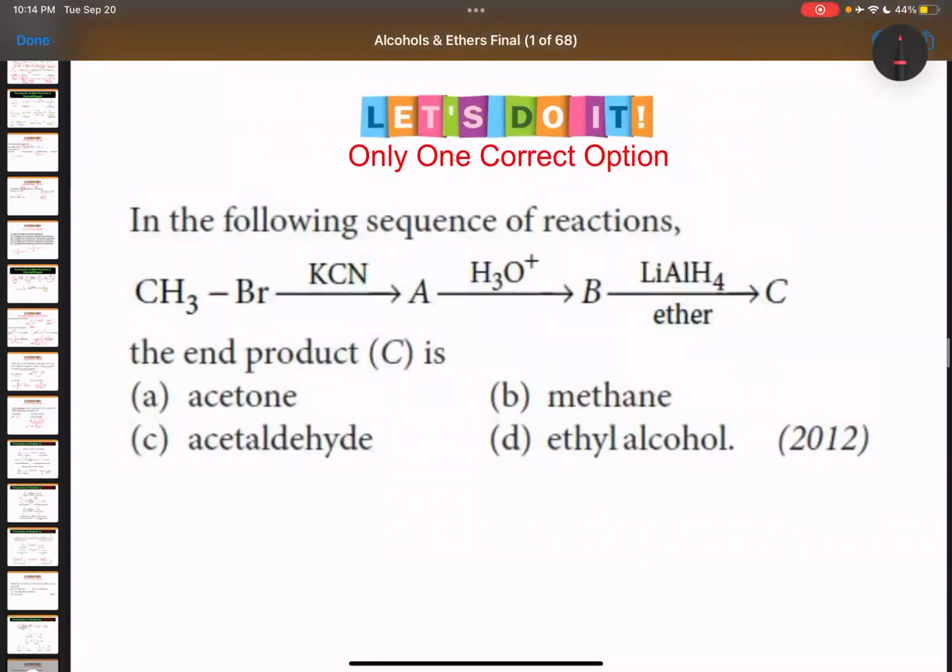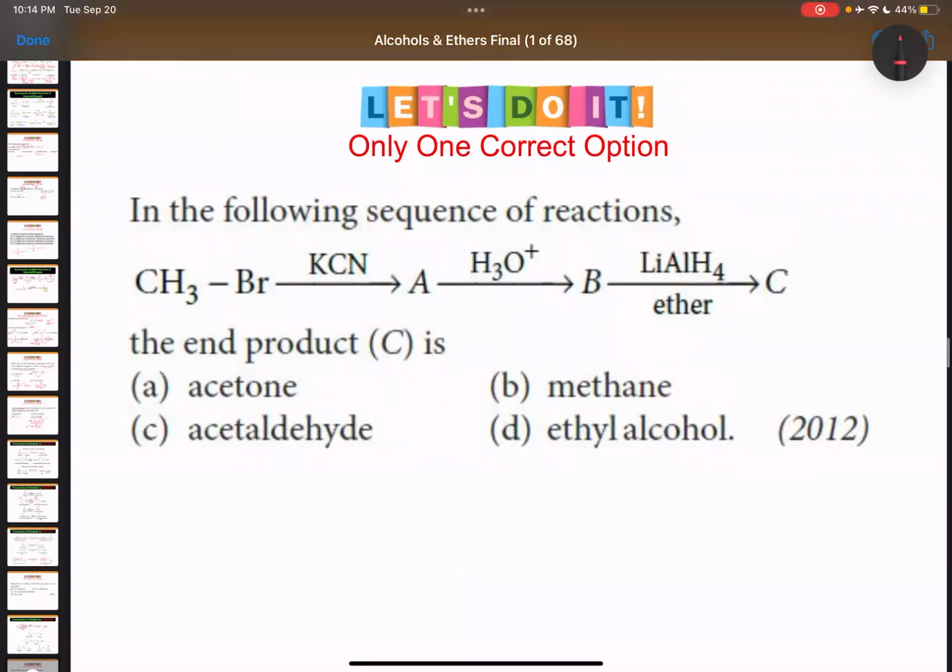So let's do this question. LAH can reduce not only aldehyde and ketone, all the polar pi bonds can be reduced. Sir, is it the fourth option?